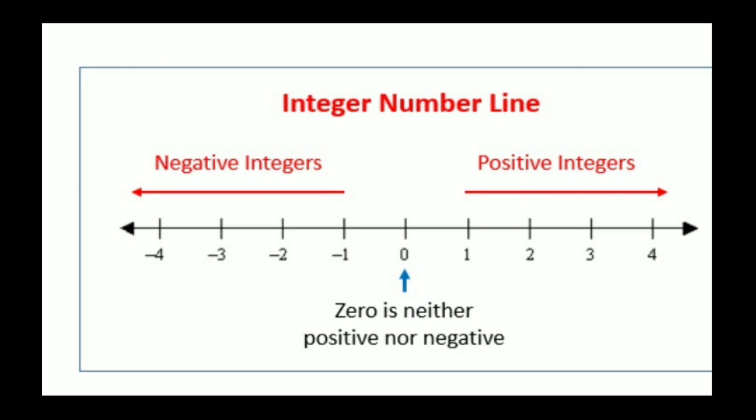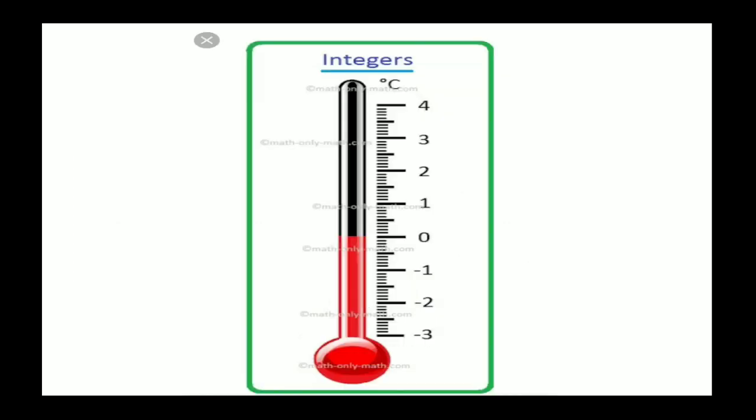And above 0, 1, 2, 3, 4 are positive integers. Now what is the sign for 0? 0 is neither positive nor negative. In the textbook also, numbers with minus signs are called negative numbers, and with plus signs are called positive numbers. Usually we do not give a plus sign for positive numbers.